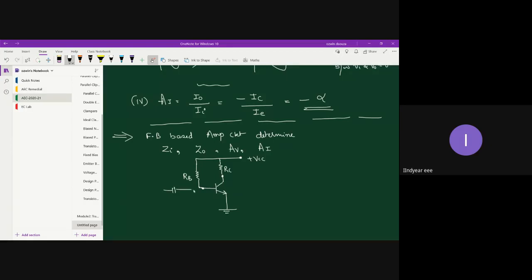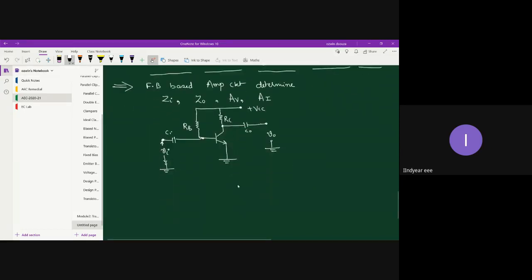This is your input capacitor CI. This is your output capacitor C0. And this is where you measure your output with respect to ground, and this is where you feed your input with respect to ground. Fine, so this is the given circuit.